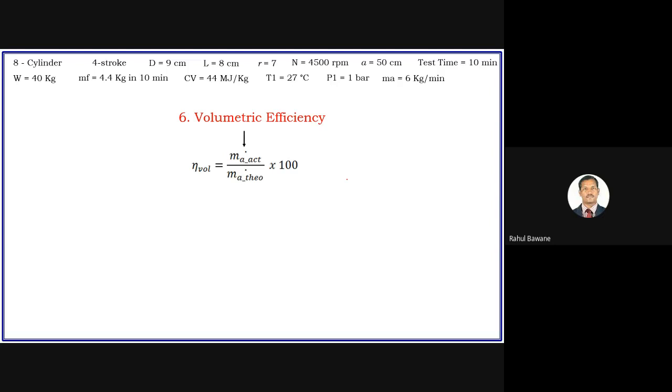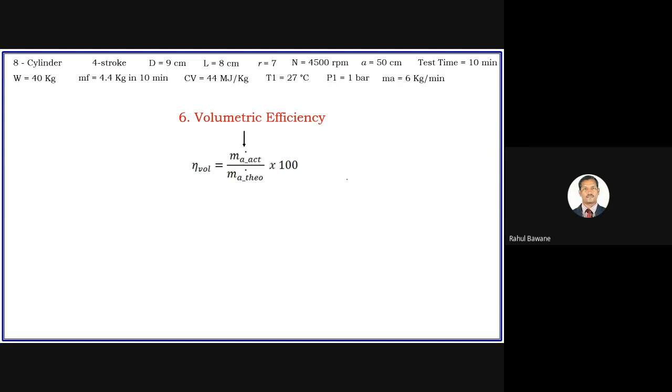But in actual, that volume is not inducted because during engine run, the engine heats up. So when fresh charge is inducted inside the cylinder, due to heat that charge gets expanded.